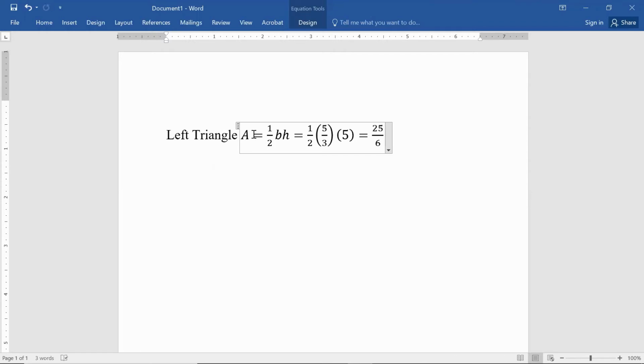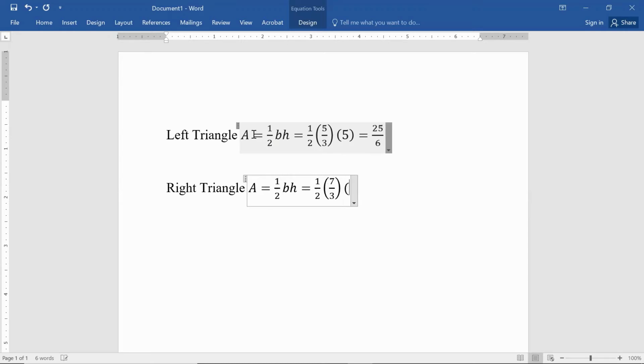The other triangle, the one on the right, area again of any triangle is 1/2 base times height. We said its base, if you recall, was 2 1/3. 2 1/3 as an improper fraction is 7/3. So it had base of 7/3.